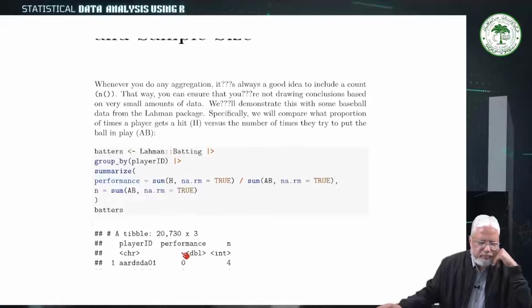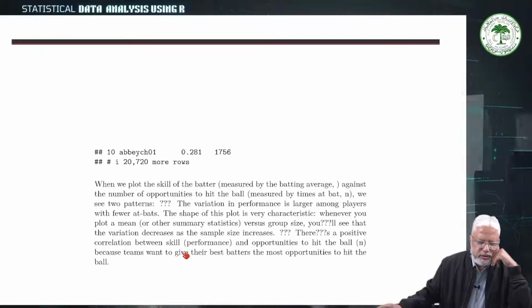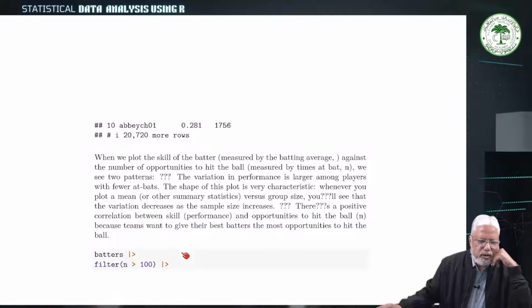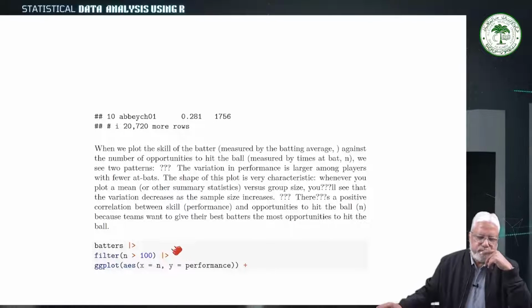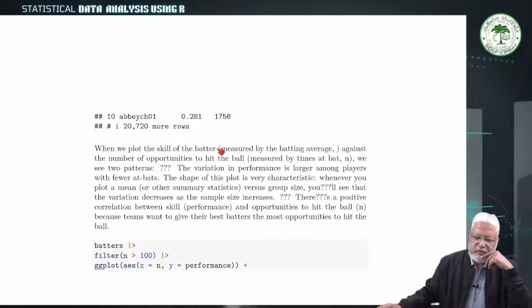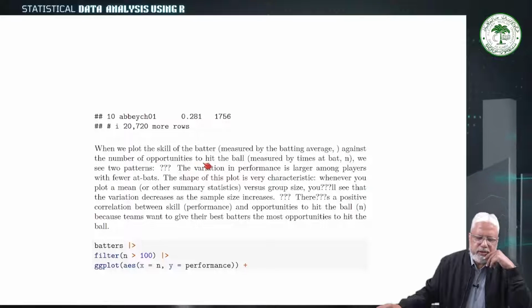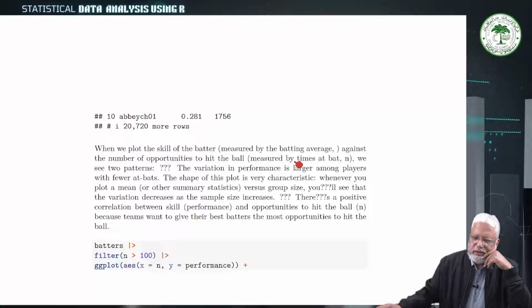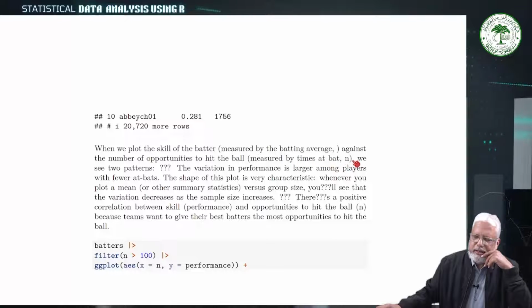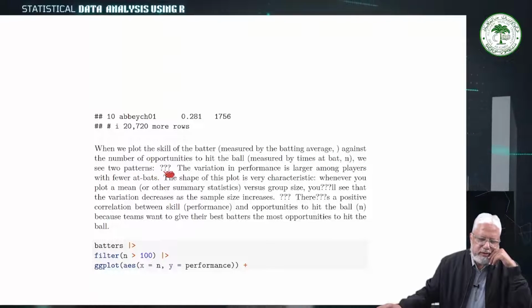AB is the number of times they try to put the ball in play. So this is the n and this is the summary. When we plot the skill of the batter, measured by the batting average, against the number of opportunities to hit the ball, measured by times at bat n, we see two patterns.